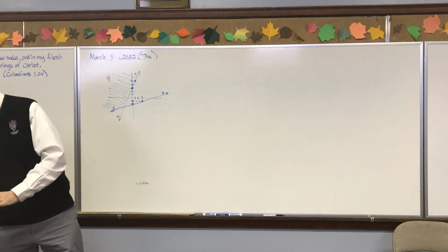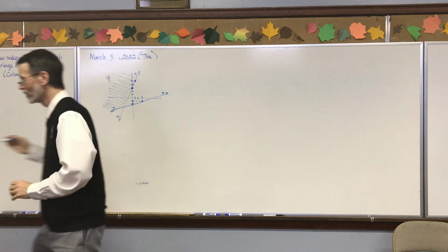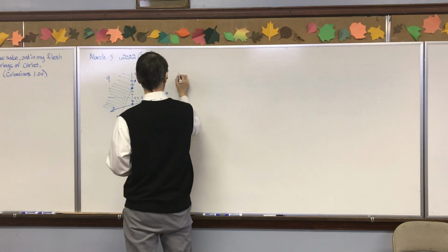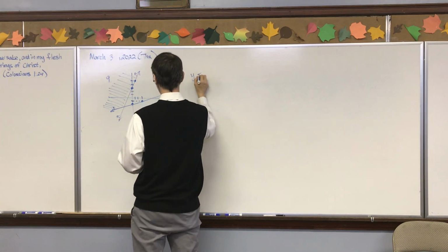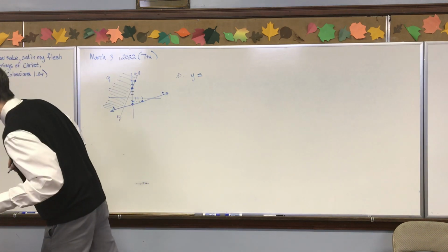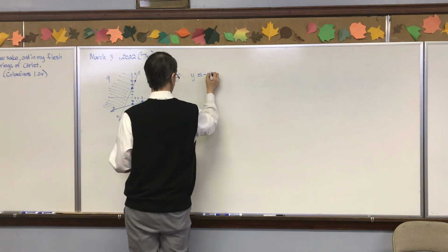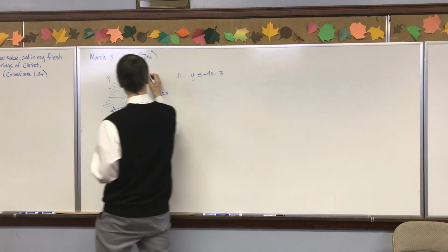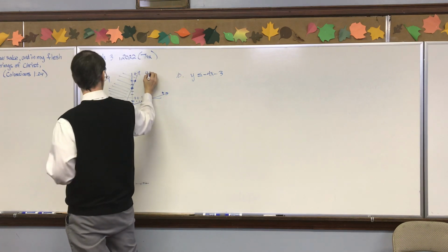Okay. Number 10. y is less than or equal to negative 4/3 x minus 3. I should have done it over here too. Hang on a second.